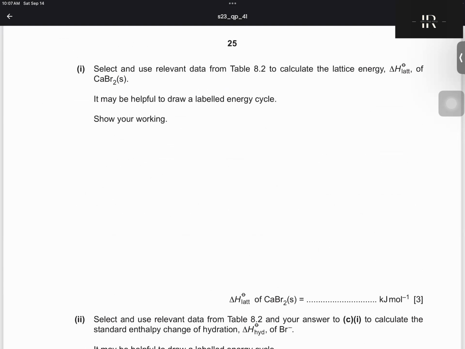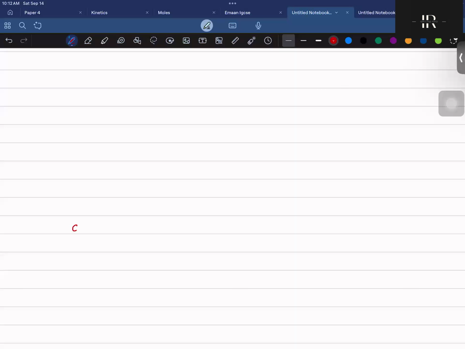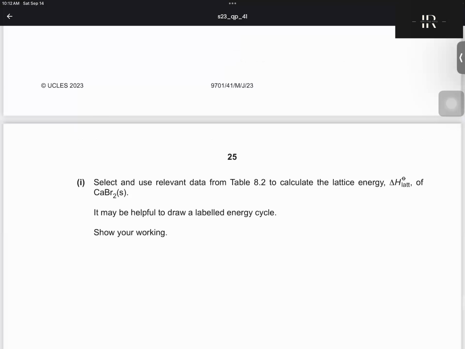Born Haber cycle. Yes, CaBr2, calcium bromide. Fast. Then I would be drawing fast solid. So I am drawing this. This is calcium solid. This is Br2 gas. What are the values that they have given us?